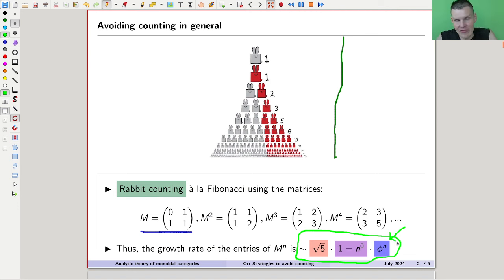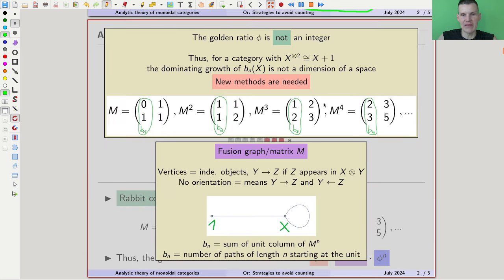It's not an integer, so it can't really be the dimension of a space. Doesn't really make sense. So consider a category where you would have the decomposition rule x squared equals x plus 1, which is exactly the minimal polynomial of the golden ratio. The dominating growth is not the dimension of a vector space.